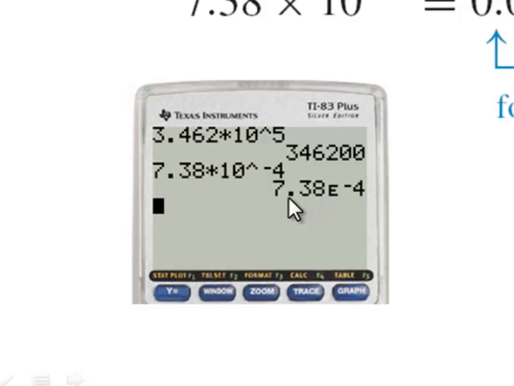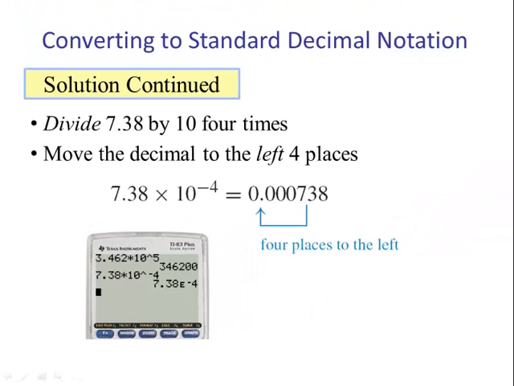So when you see this on the calculator, the E means I'm multiplying it by 10 to this power. So 7.38 times 10 to the negative 4 is the same thing as 7.38 e to the negative 4 as far as notation on the calculator.